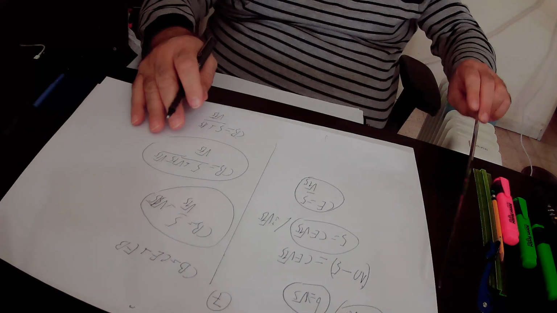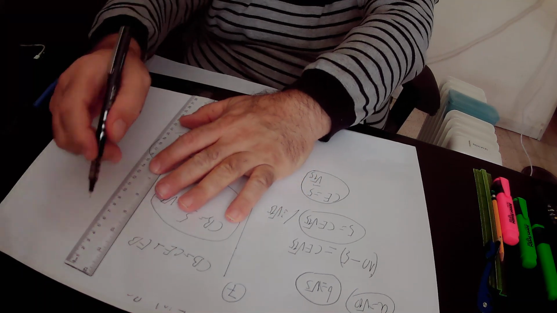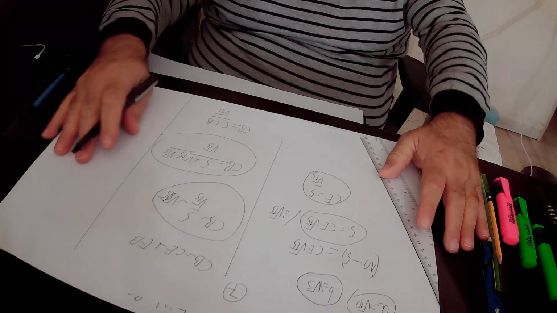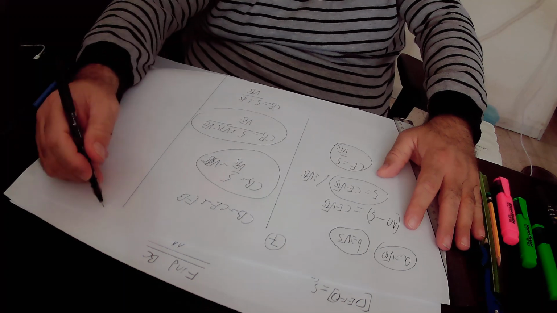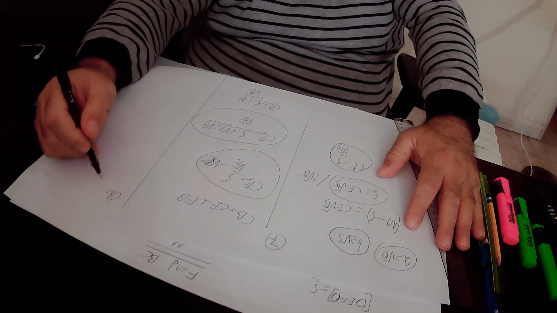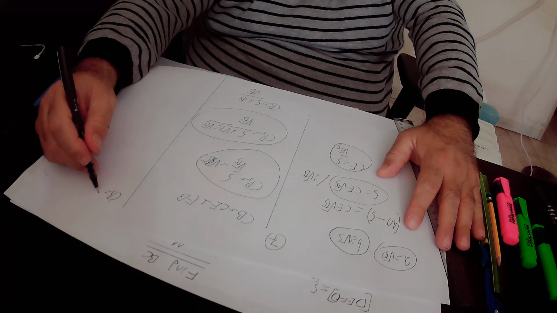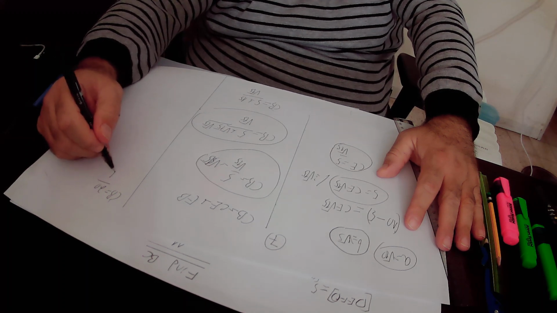So the length of the chord CB is equal to 5 plus 15, which is 20, in the numerator over square root of 15.